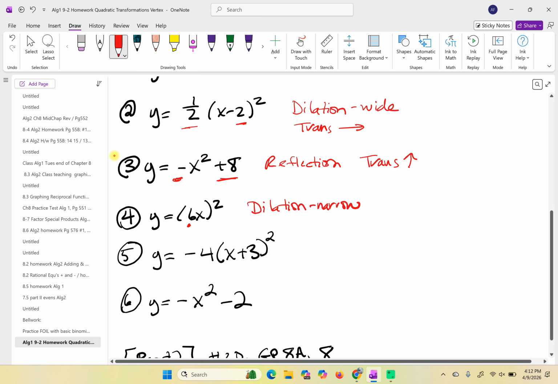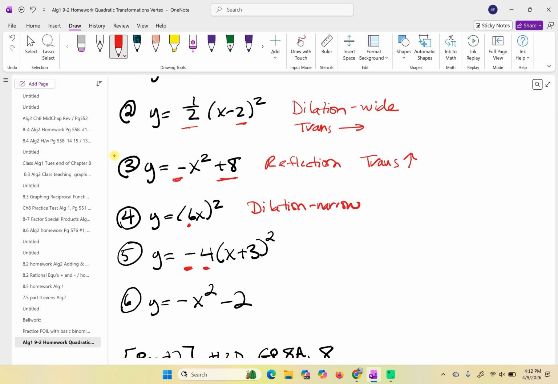Number 5, there are 3 transformations. The negative is going to be a reflection, the negative on the a value. Specifically, when a is negative, that's the reflection. The 4, when a is 4, that is going to be a dilation narrow.